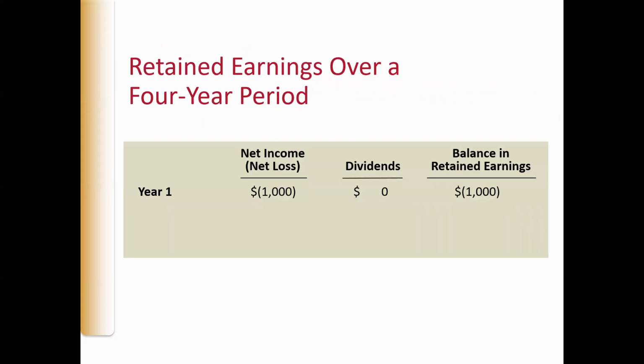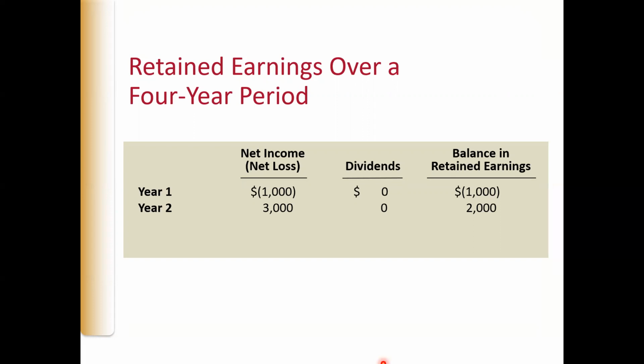So in year one, if they lose 1,000, their balance in retained earnings is a debit of $1,000. Then in year two, say they earned 3,000, but they didn't pay out any dividends.